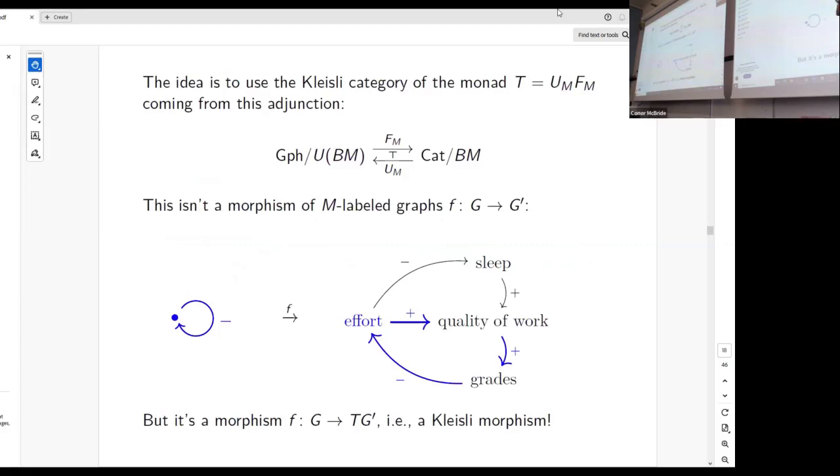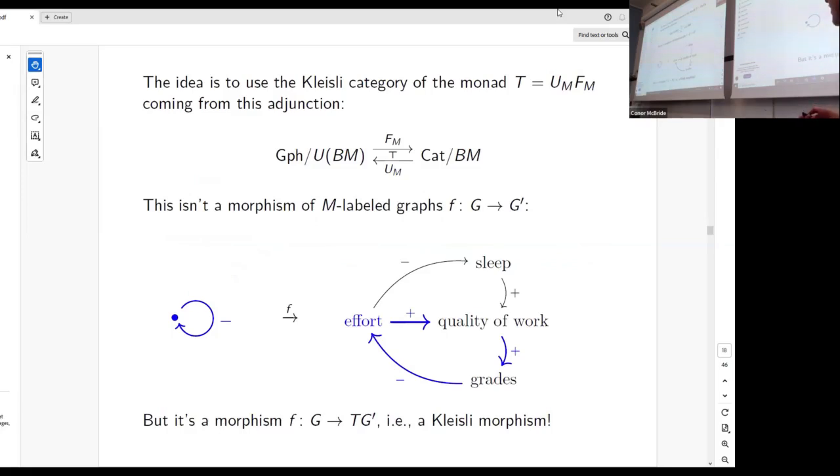So the idea is to understand in what sense exactly some simple M-labeled graph can be hiding inside some more complex one, as we see in this picture here. So you see there's not a morphism of M-labeled graphs from this M-labeled graph to this M-labeled graph.